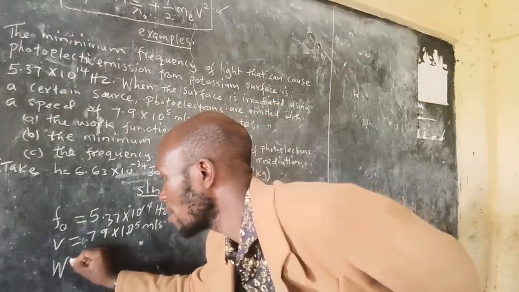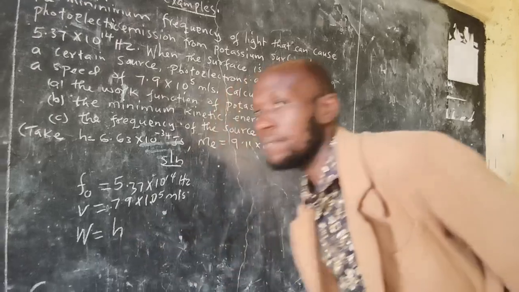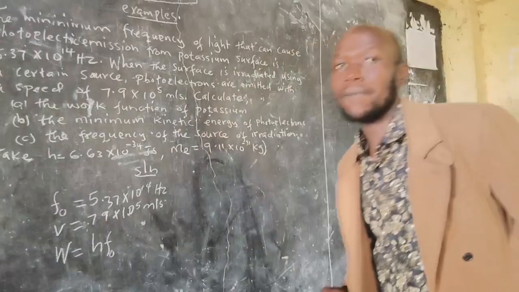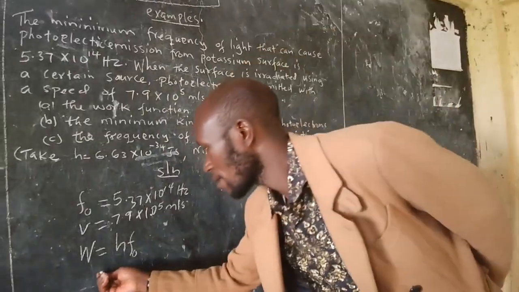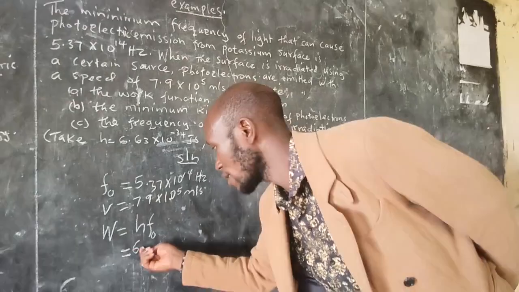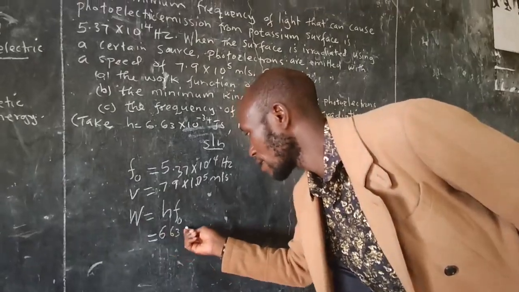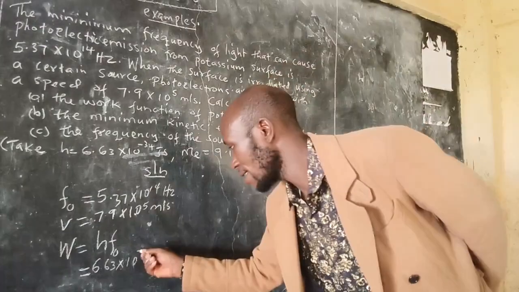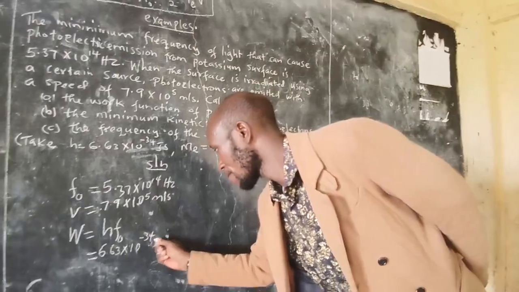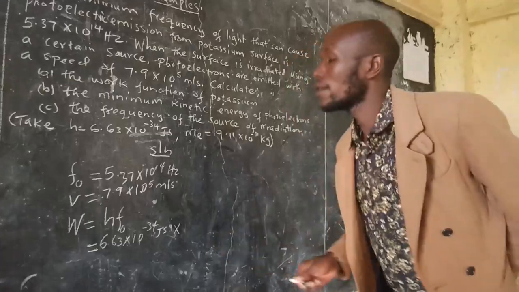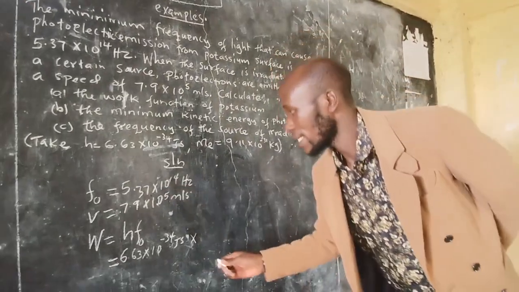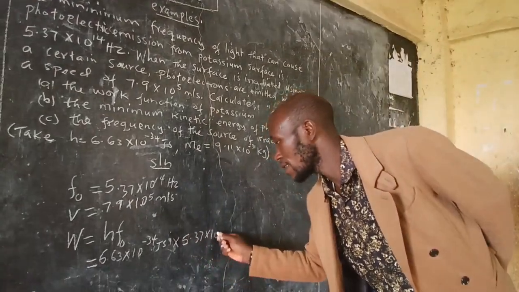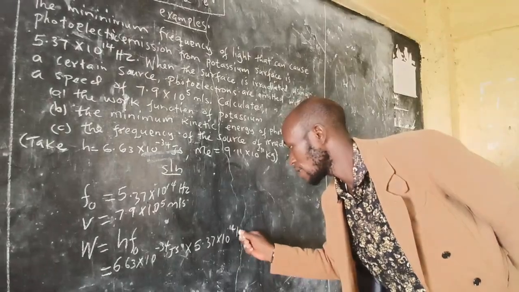Our work function will be given by Planck's constant times the minimum frequency. Planck's constant is 6.63 times 10 raised to power negative 34 joule second, times our minimum frequency, which is 5.37 times 10 raised to power 14 Hertz.